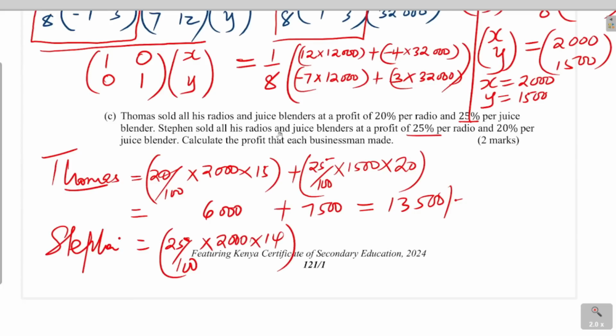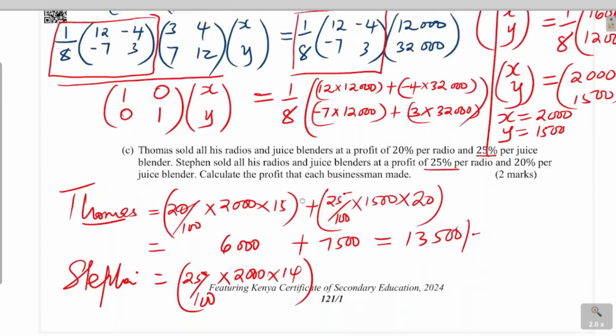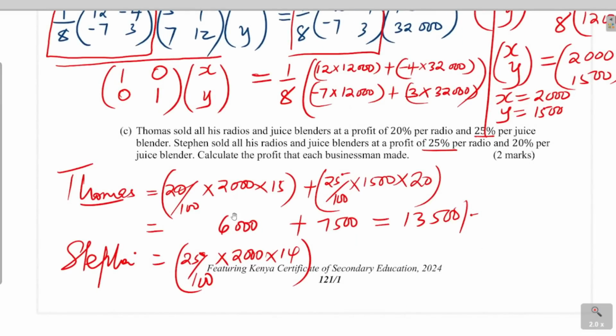You could go and confirm part B: Stephen bought 14 radios and 24 juice blenders. Then for juice blenders, the profit was 20%, so 20 over 100 times the cost of one juice blender, 1,500, and they were 24 in total. So we can multiply out and add.